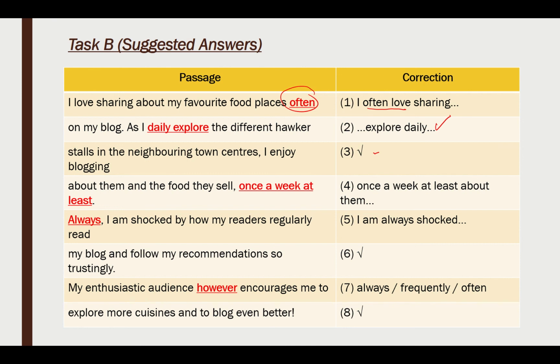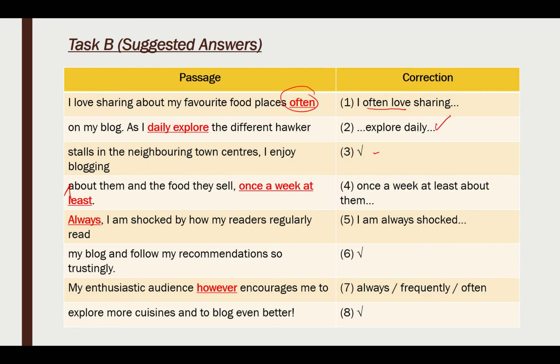As for the fourth sentence, we should place the adverbial phrase in front rather than at the back. So instead of "about them and the food they sell once a week at least," it should be "at least once a week about them." It should come before.